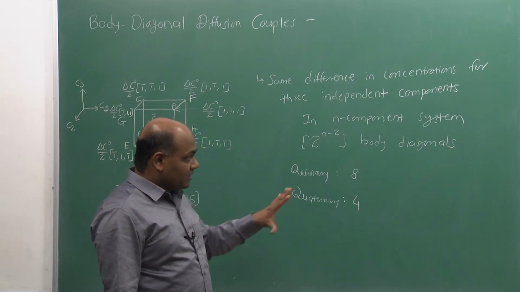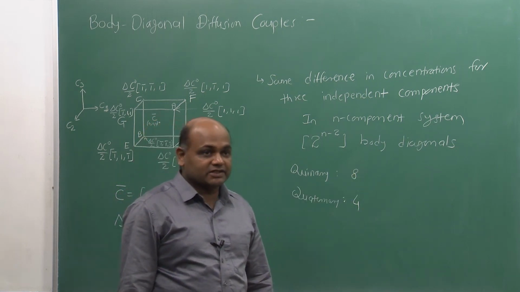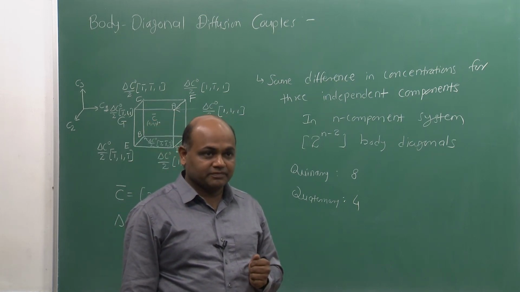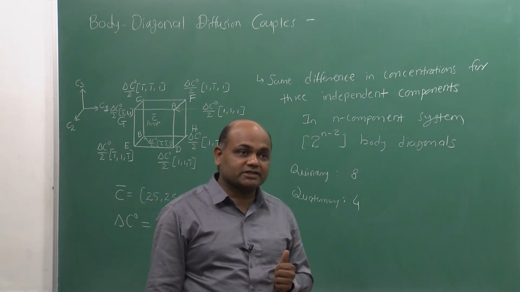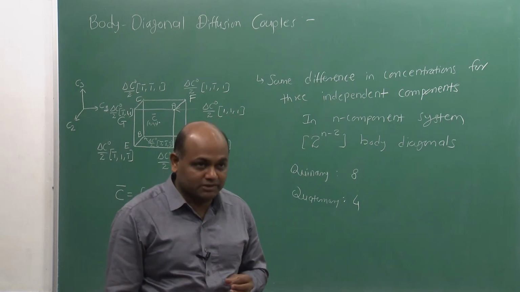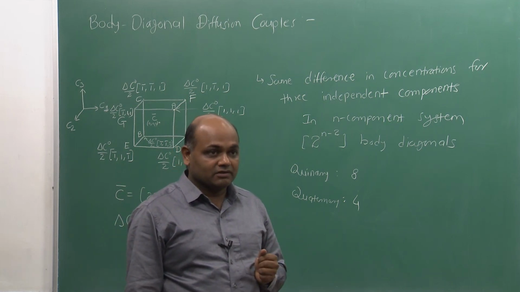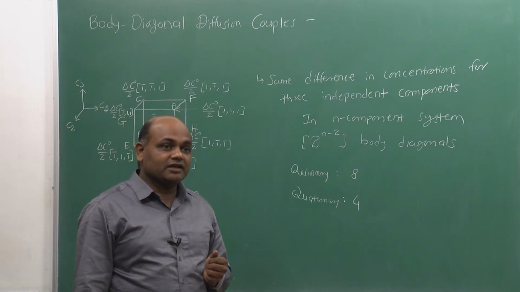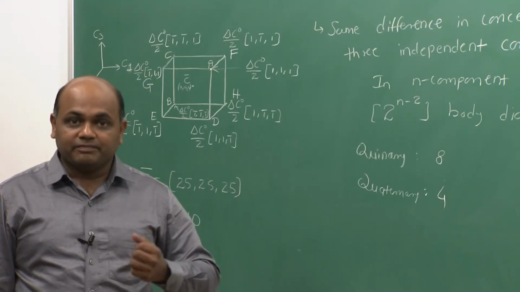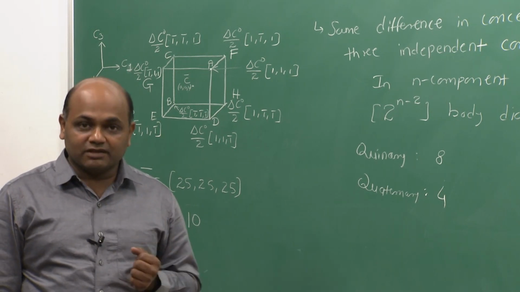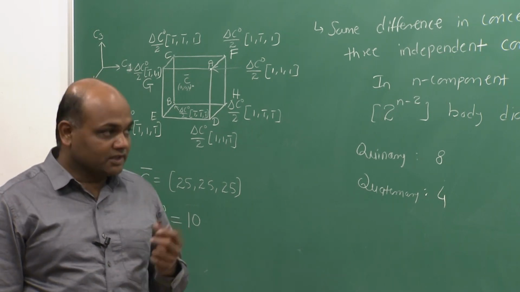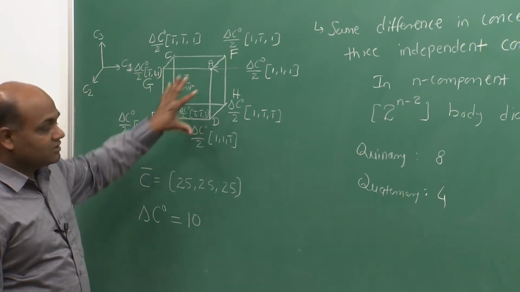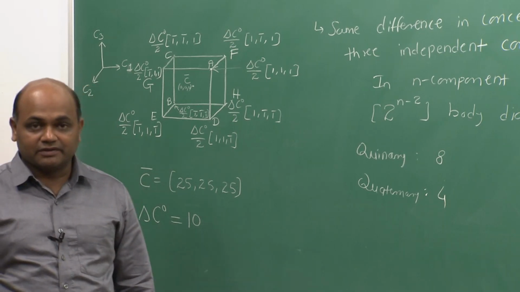Now, these are the methods which give exact values of entire sets of interdiffusion coefficients. Now, there are also some additional techniques, because it may not be always possible to design such couples. For example, in the body diagonal coupled approach, one limitation is we need a large enough single phase region, because if there is no large enough single phase region, we will not get enough space for this cube, for example in quaternary, to form.